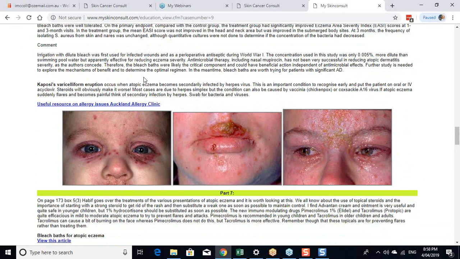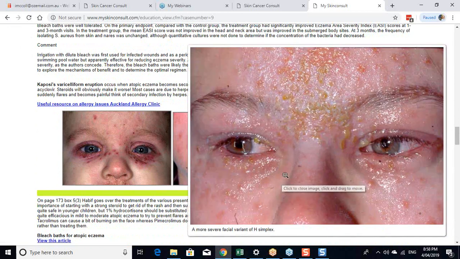the need for antibiotics. And always remember the possibility of secondary herpes virus infection in atopics, where you've had fairly stable atopic dermatitis and it suddenly becomes painful and irritated. If you look around, you may see individual little vesicles of herpes.